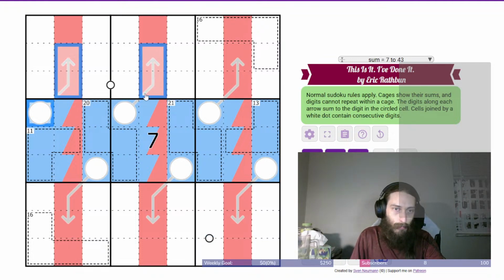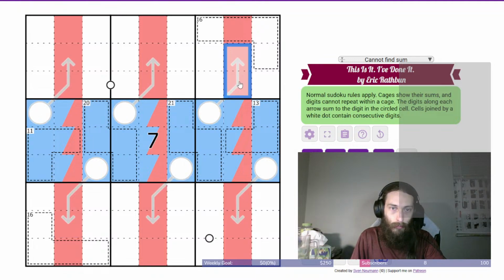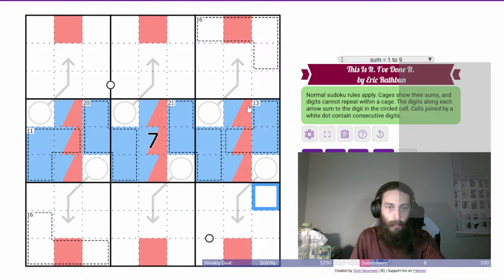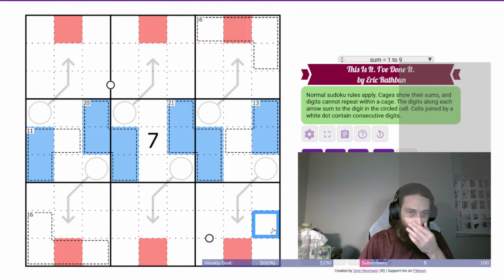So our red and blue cells along the arrows, because the arrows and their circles sum to the same thing, so we can take those out from both sets. I'm not explaining it as nicely as assignment does, but that's all right. And these are in both sets, we can take those out.